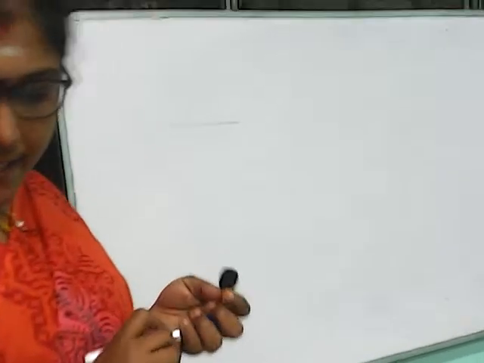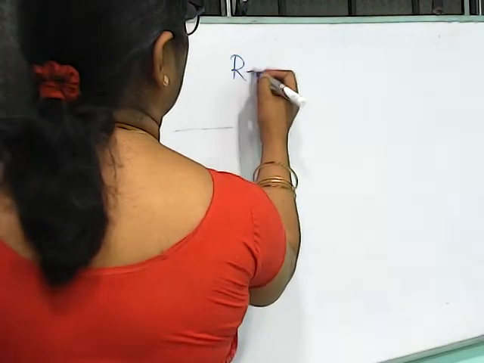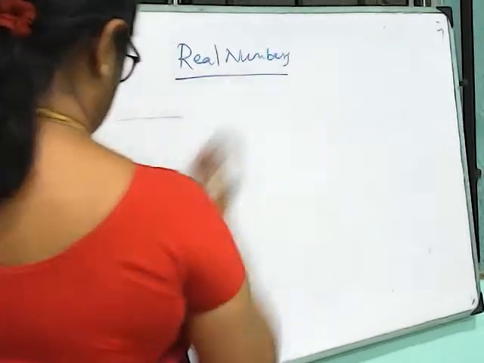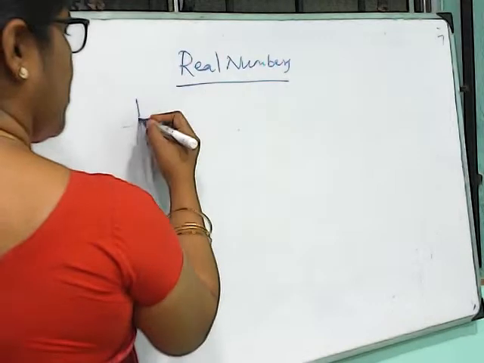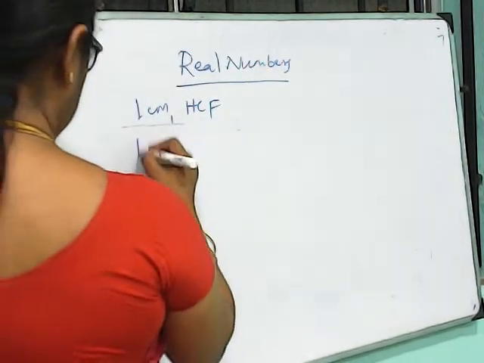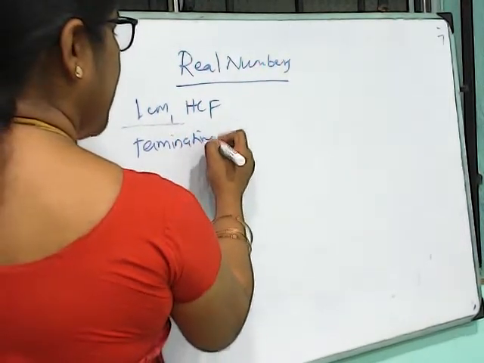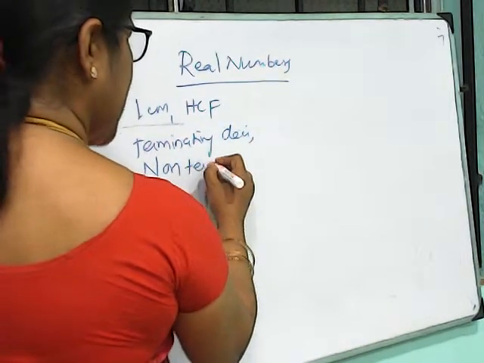Okay, so as far as real numbers are concerned, in real numbers you have only 2 concepts. What 2 concepts? You need to know the LCM HCF concept and then terminating decimal expansion and non-terminating decimal expansion.